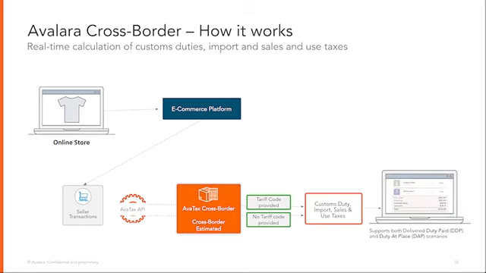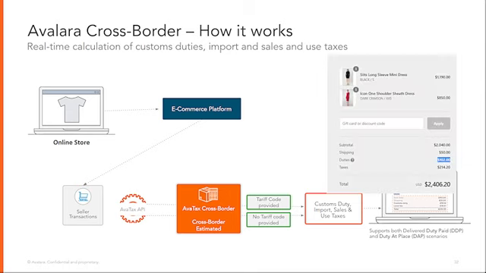We will present that back and display it as I'm showing you here, real time in that checkout experience, duties and taxes. You would collect that from your customer, and that would really facilitate that DDP or that really good customer experience where the customer does not get hit with a surprise bill at the door.